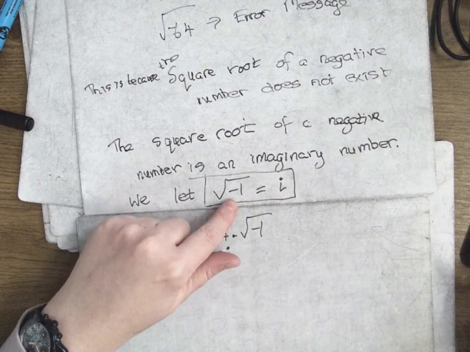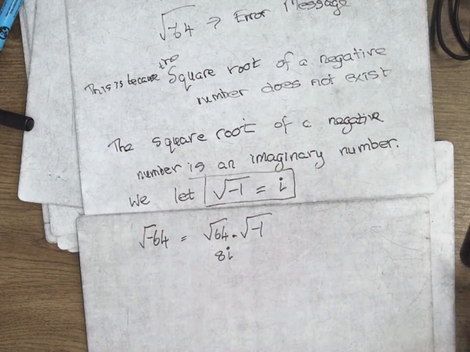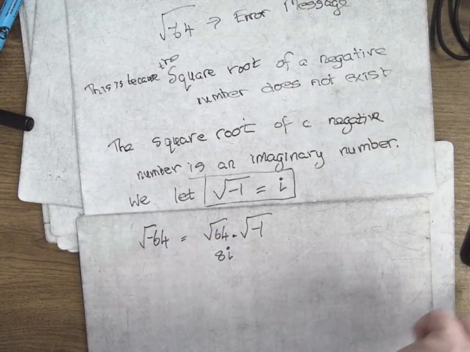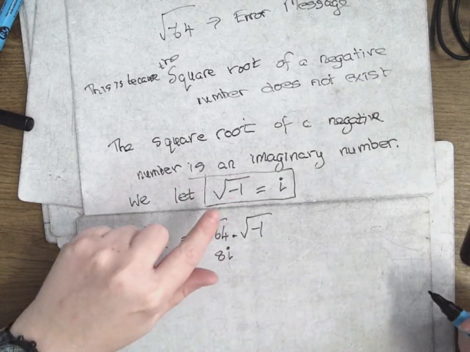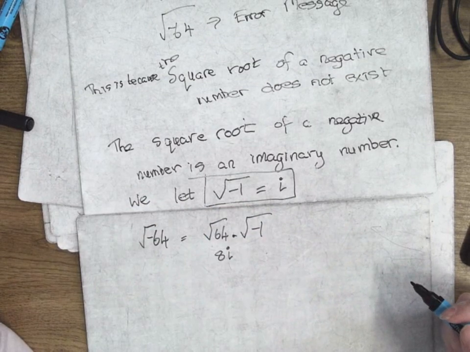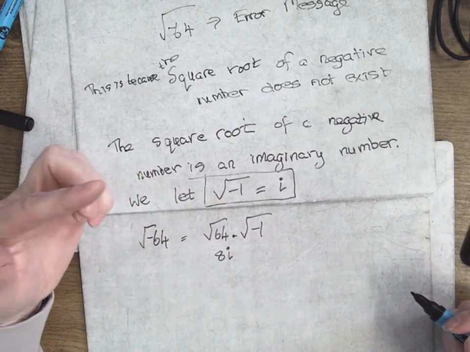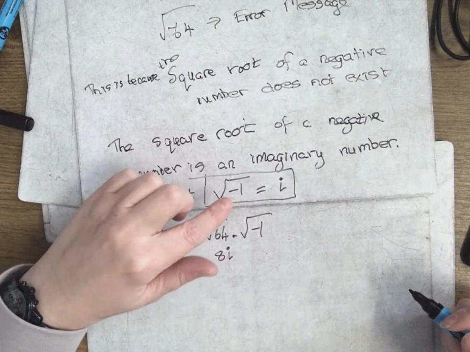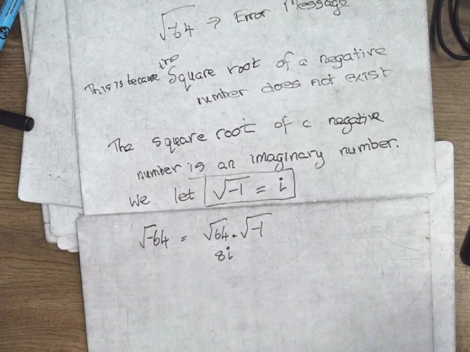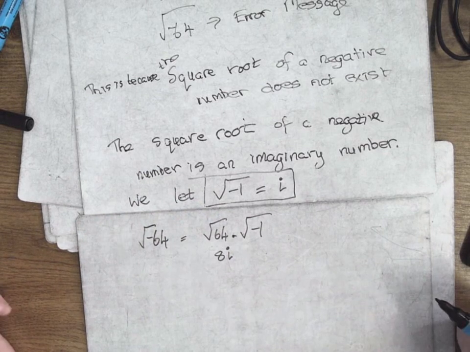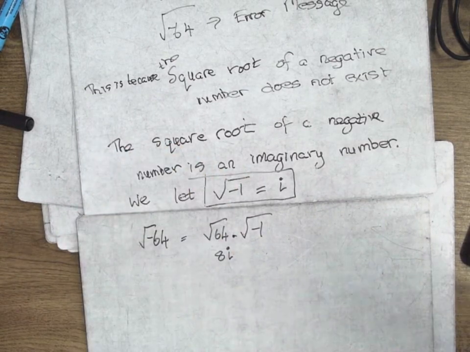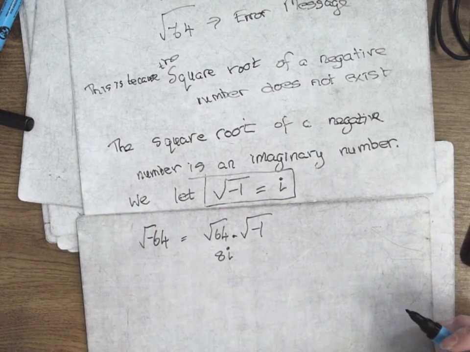So whoever came up with this method of maths said, let's just call the square root of -1 i, for imaginary. Everywhere I see the square root of -1 now, I'm just going to write i, because I know it does not exist.